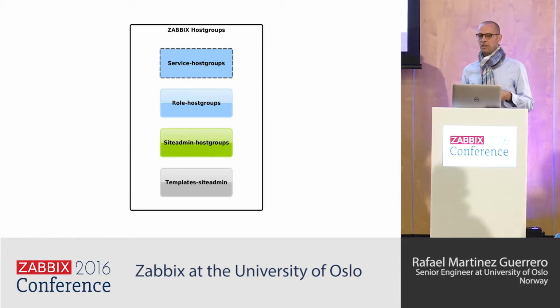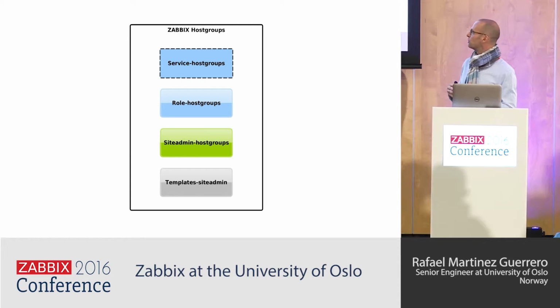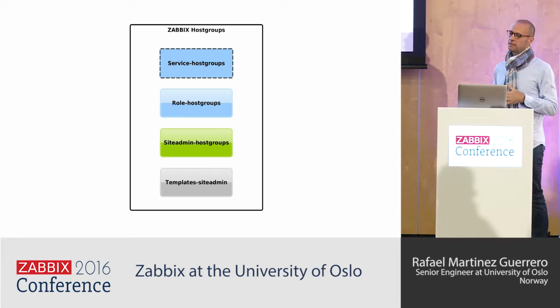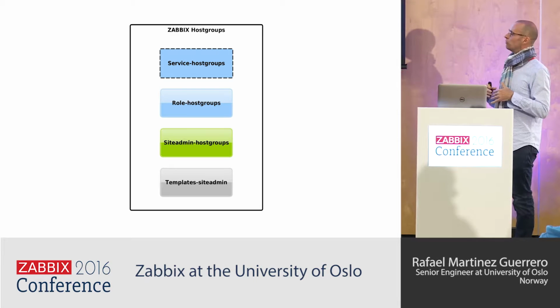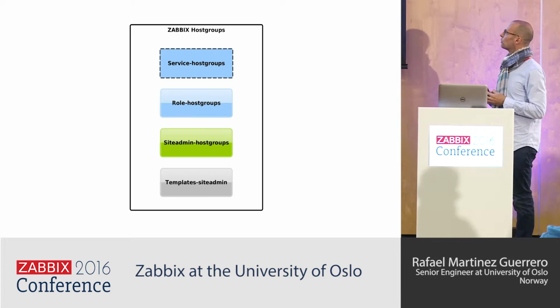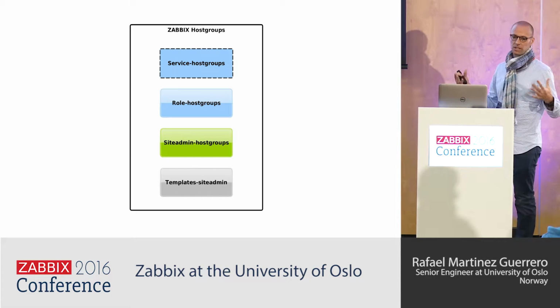We are using all the host groups functionality in Zabbix. We have a host group for all kinds of roles, like if the server is a database server or a web server or a Linux server or whatever.